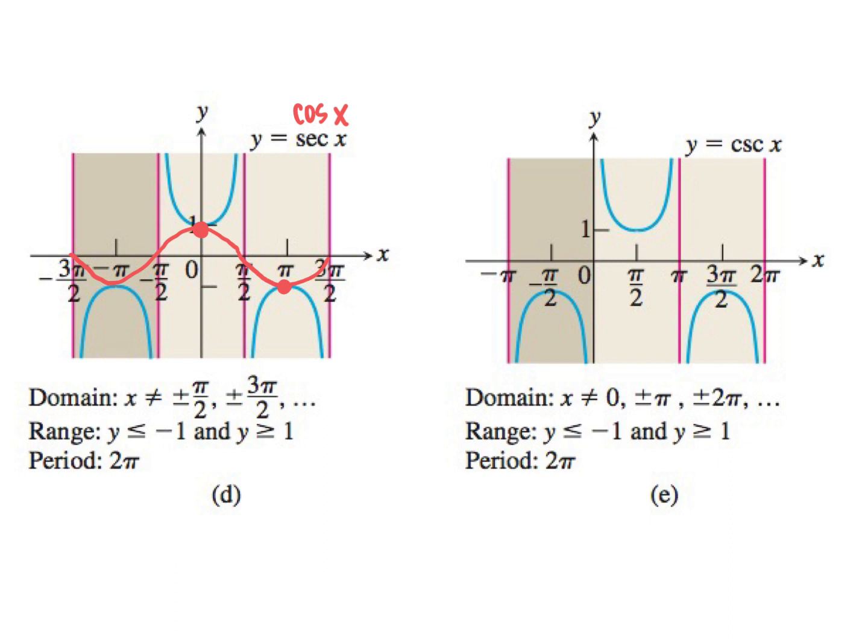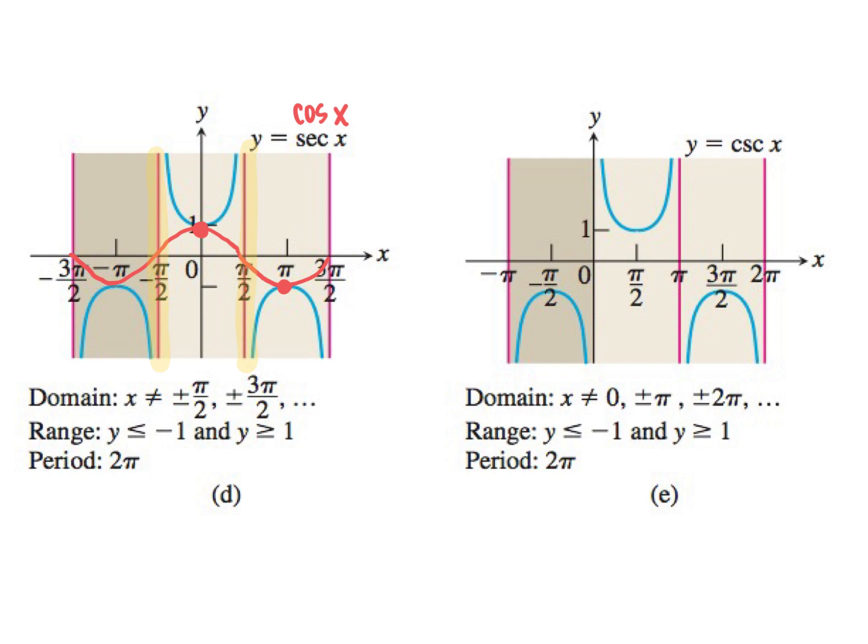And then I know where my asymptotes are going to go, because my asymptotes have to go every place that cosine crossed the x-axis. Okay? When cosine crosses the x-axis, what's its value? 0. Okay, so when cosine crossed the x-axis at pi halves and at negative pi halves, and then again at 3 pi halves, its value is 0. Okay, what's the reciprocal of 0?